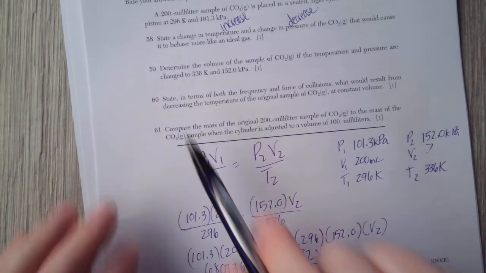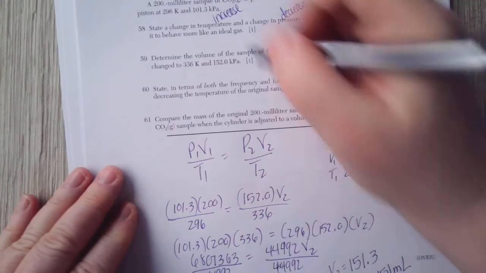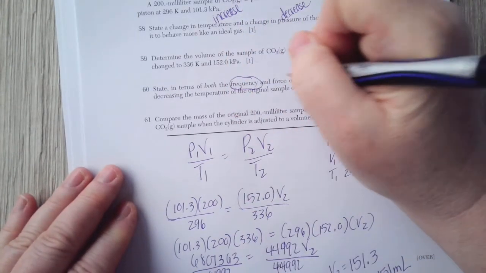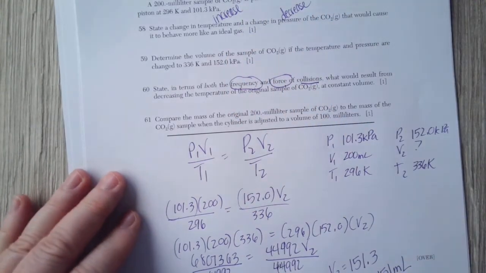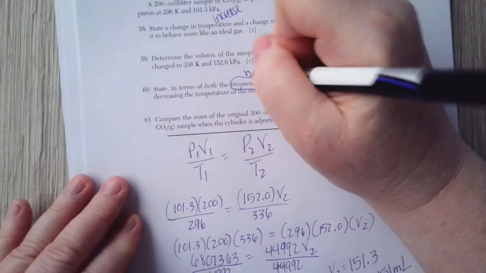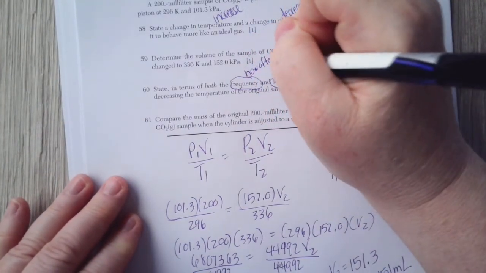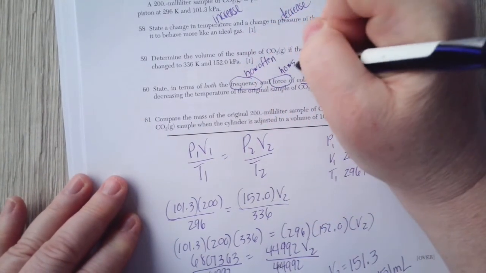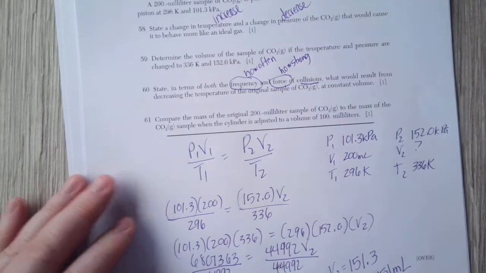All right, now for 60 and 61, it looks like I have more to write. So let's go back to those. State in terms both the frequency and the force of collisions. So I have to talk about both. So frequency is how often, force is how strong. So I have to talk about both things.